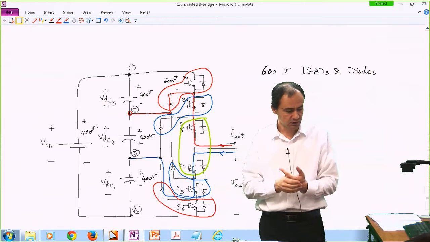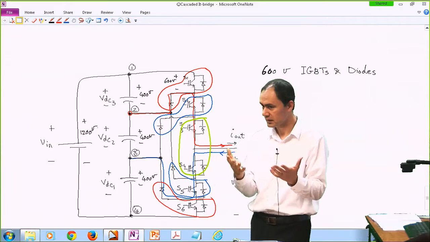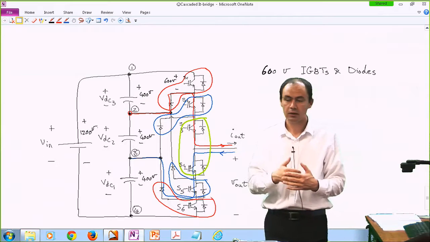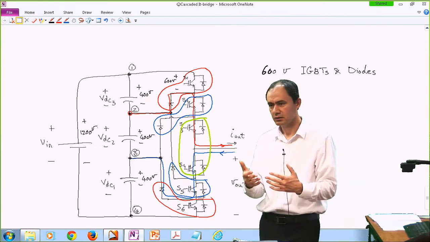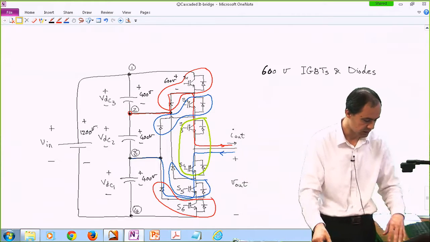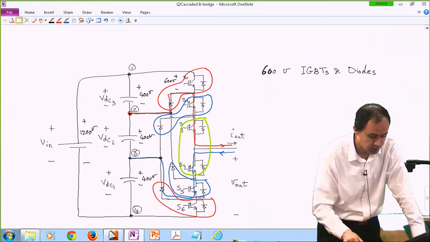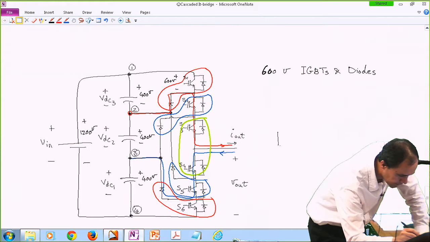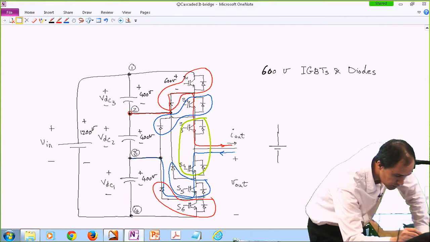The other advantage is having an extra level. So my levels in the output are 400, 800, and 1200. That's the second advantage. You may argue that you don't care about the second advantage, and in order to accommodate 1200 volts, obviously you can just put 3 IGBTs in series with each other.